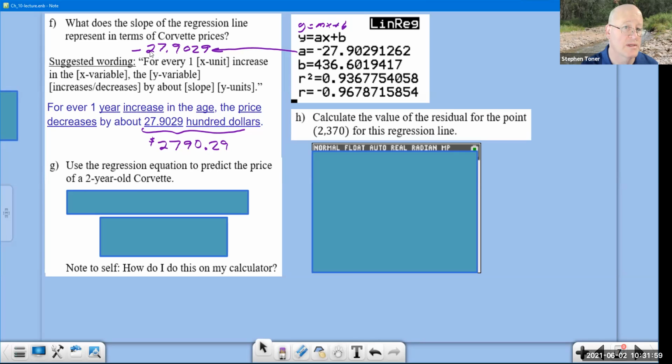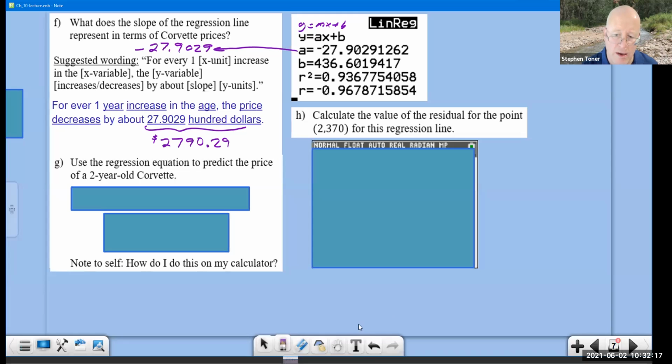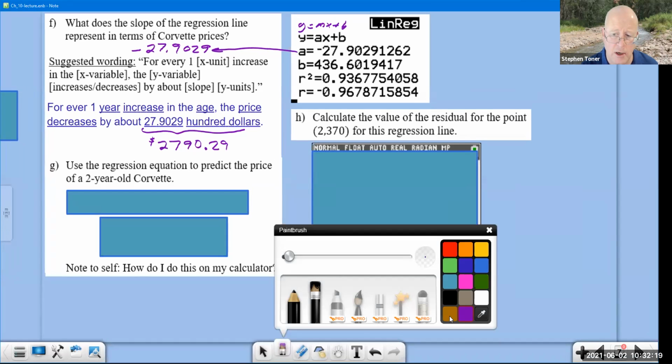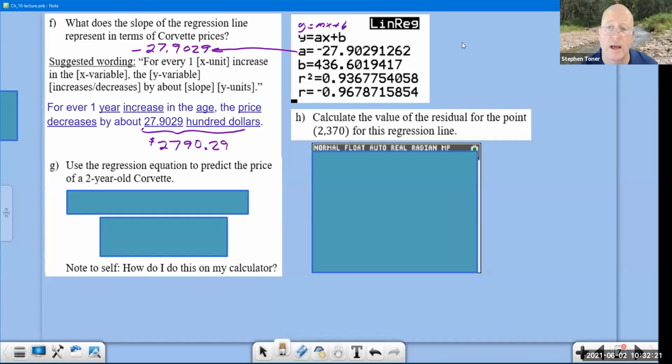Our slope is negative, so it decreases by about 27.9029 hundred dollars. Again, here's another place where it's easier to just move that decimal point over and write it as $2,790.29.